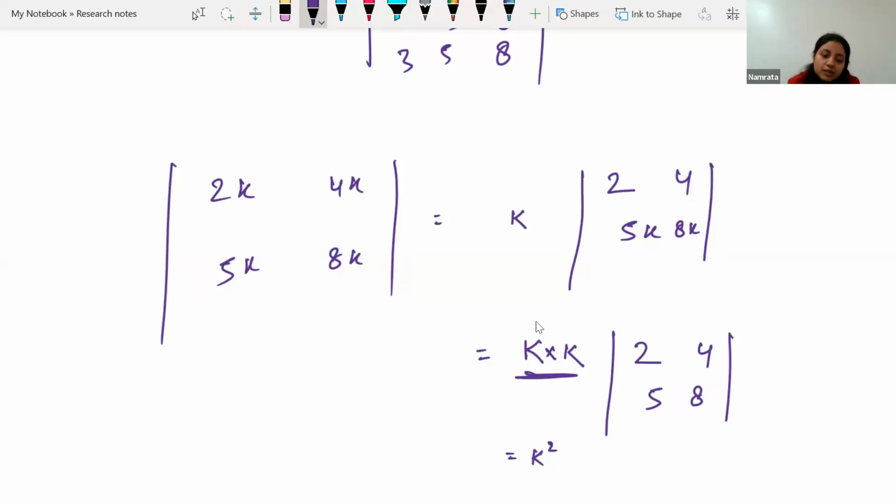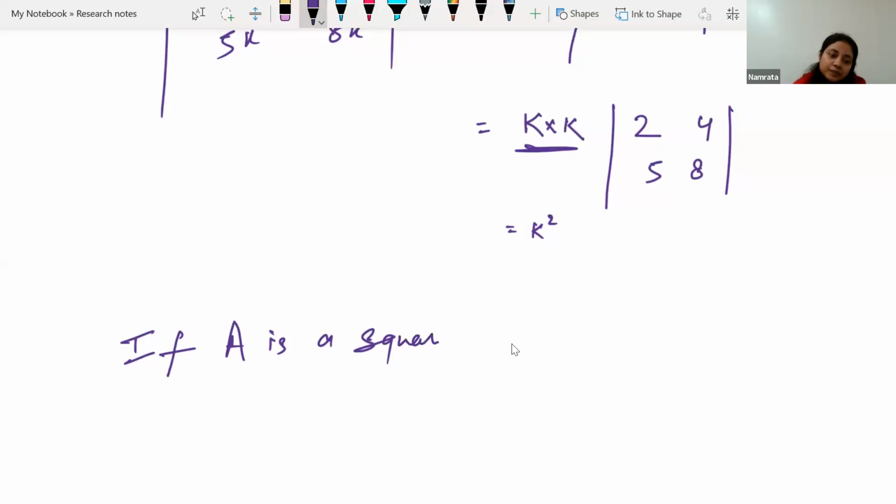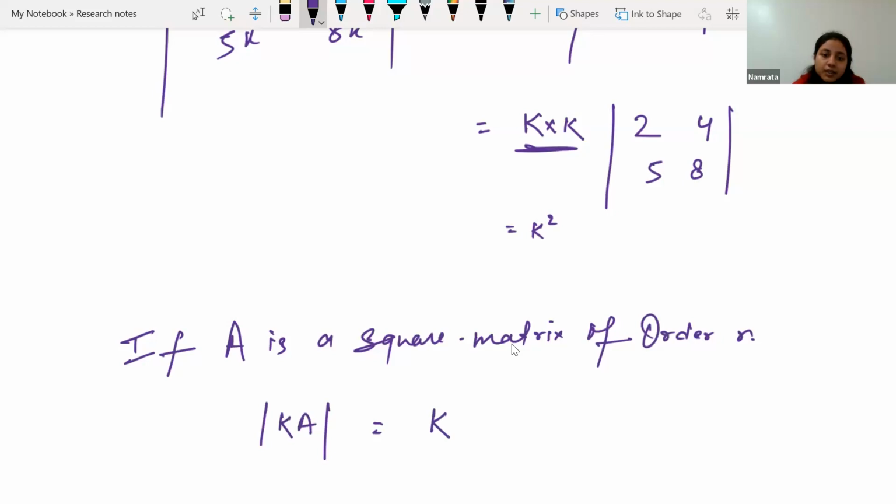Okay, similarly, if you understood this concept, then there is a theorem, a property which says that if A is a square matrix of order n, then if we are having this k into A, that means it will be k to the power n times the determinant of A. What's the meaning of this?